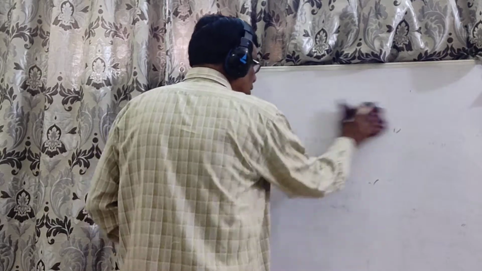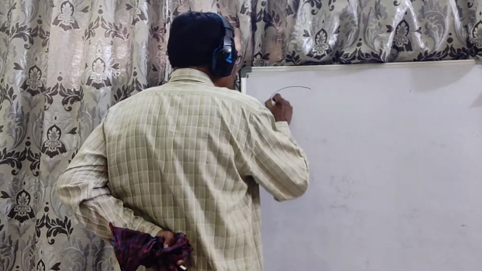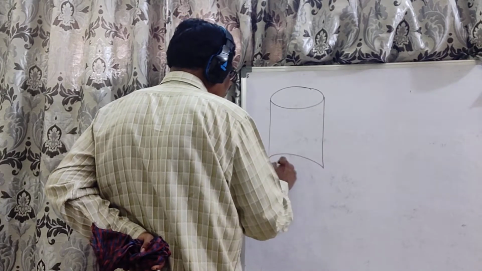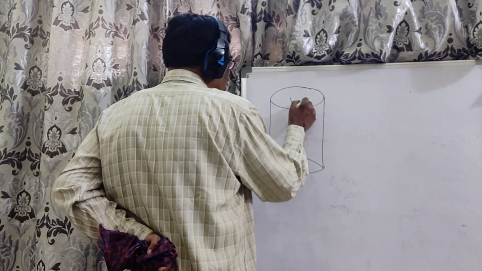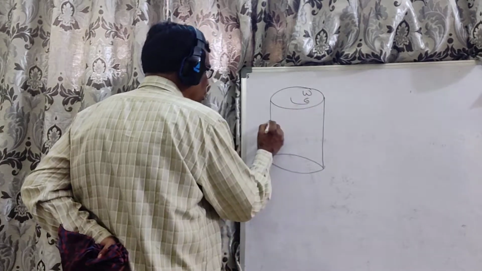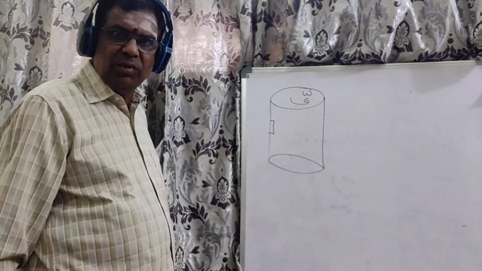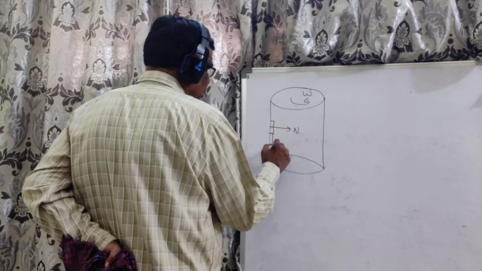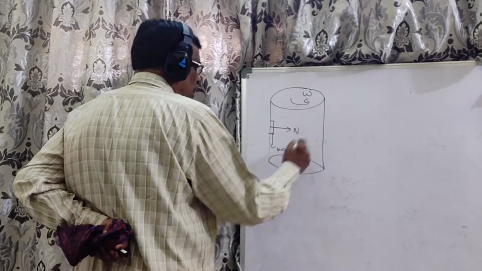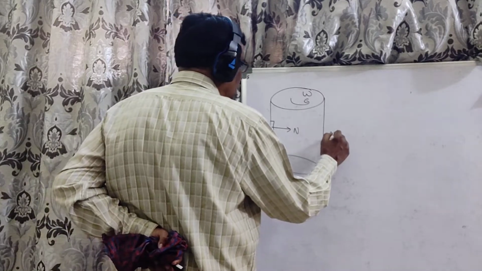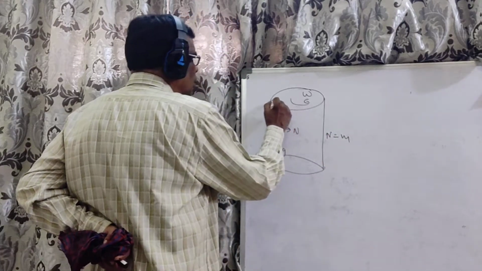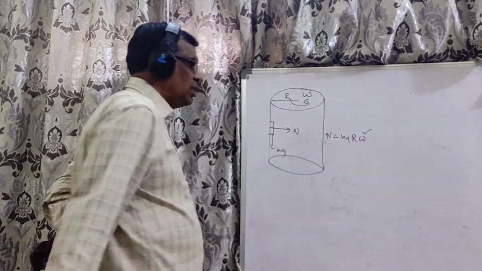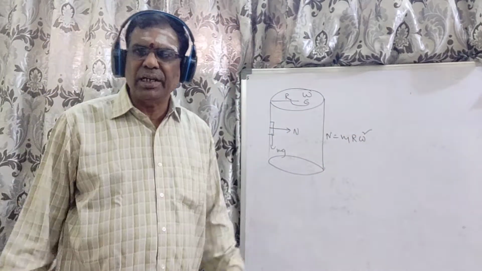Now if I take a cylinder, suppose it is rotating with omega, and I am placing a body on the sidewall. Obviously this is N, this is mg, and the centripetal force is N. Therefore there is no difference here, so N becomes m r omega square.